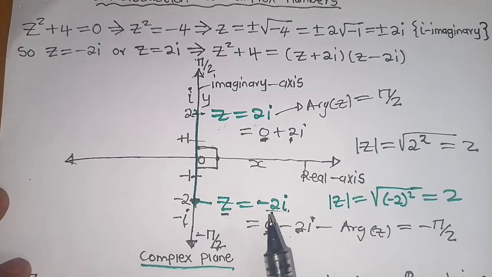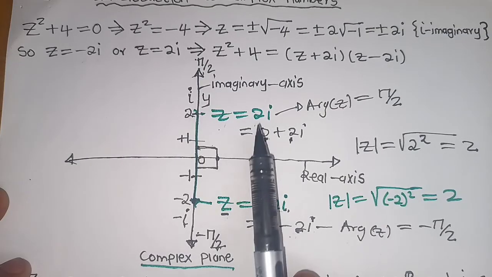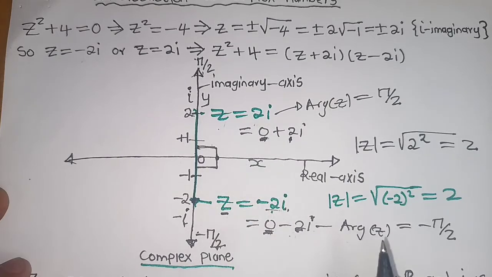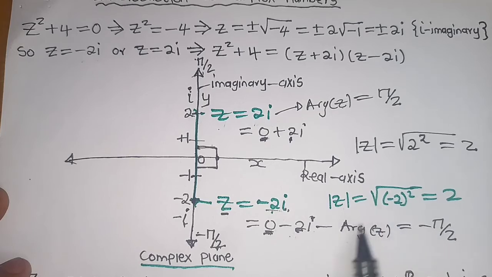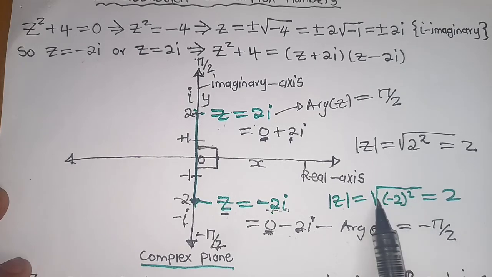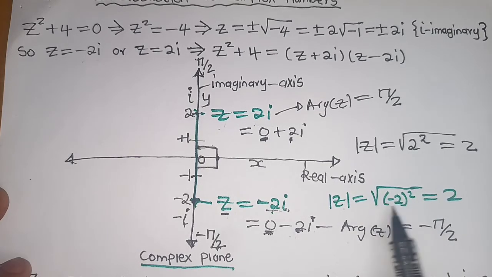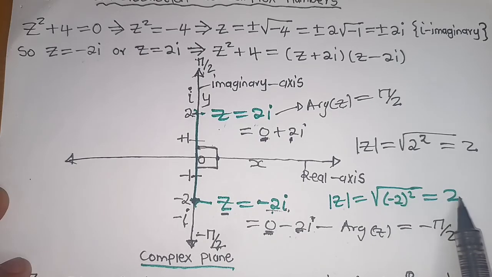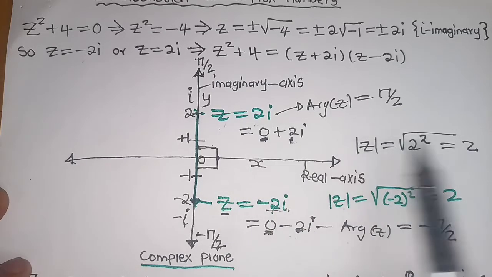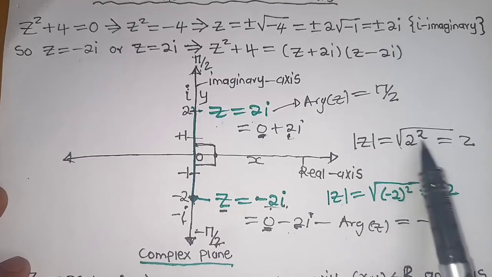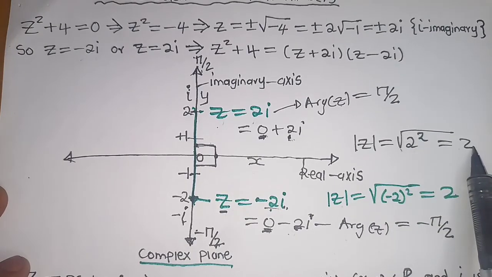As for z equals negative 2i and z equals 2i, we have the modulus of z as 2, because if you check, we have the square root of 0 squared plus negative 2 squared, we get 2. And also for this one, we have the square root of 0 squared plus 2 squared. We still get 2.